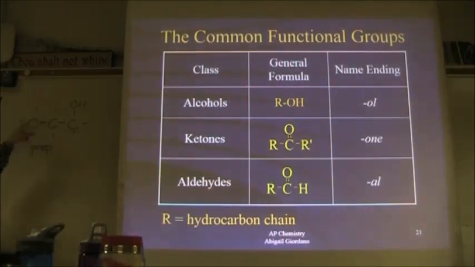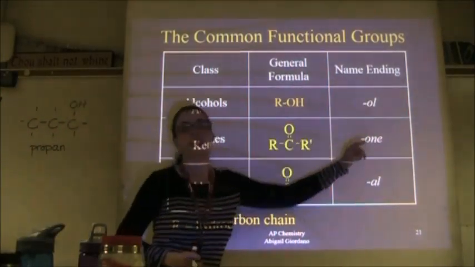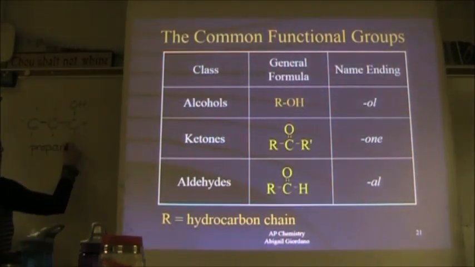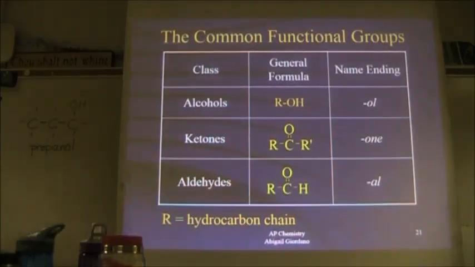Okay, it's all single bonds in the chain, so propane, propene, propyne, what? Propane. Okay, so I'm going to put AN in the ending. Propanol. Okay? And to be even more accurate here, the name should be 1-propanol.